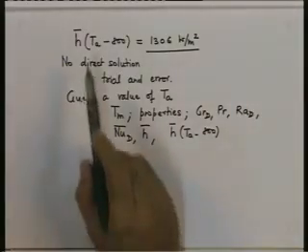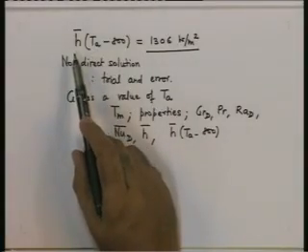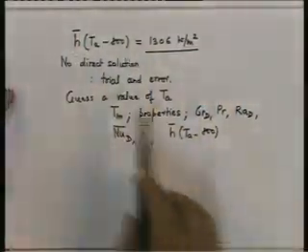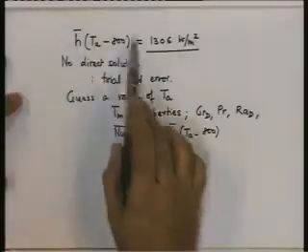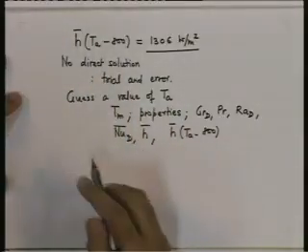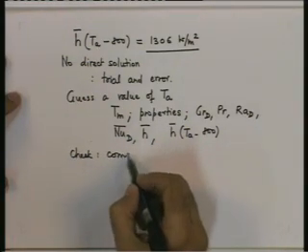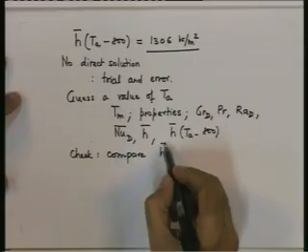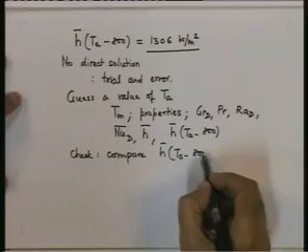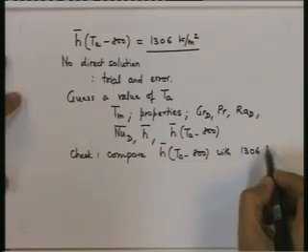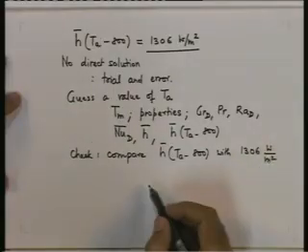Now we will notice that as TA increases, H bar will change, it will generally increase, and hence we will find that if TA increases, the value of the left hand side will increase. If TA is lowered, the value of the left hand side will lower. So what we will do is check. We will compare H bar (TA minus 800) with 1306 watt per meter square.